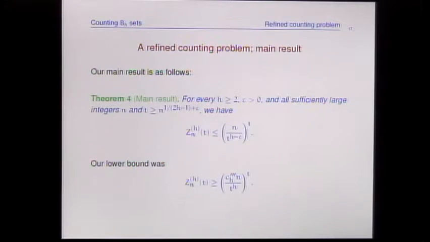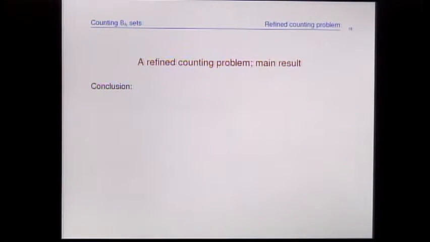So the lower bound is valid for every T, as long as there are BH sets. And the upper bound is this. They're quite close, but of course there's some cheating because there's some epsilon here in the exponent of T, h minus epsilon, although epsilon can be arbitrarily small, but they're kind of close.